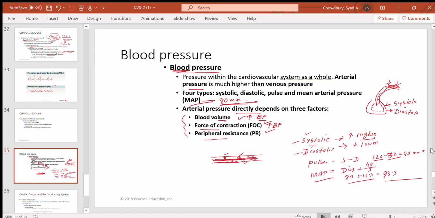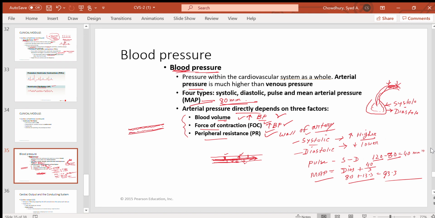Peripheral resistance. This is not related to the heart. These 2 are related to the heart, but this one is related to the wall of the artery, or arterial wall. You remember before I mentioned, sometimes fat can accumulate inside the artery and can narrow the artery, and that is called atherosclerosis.